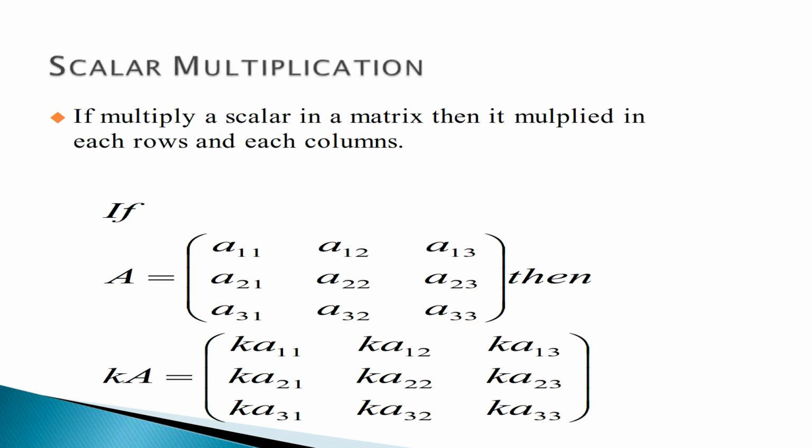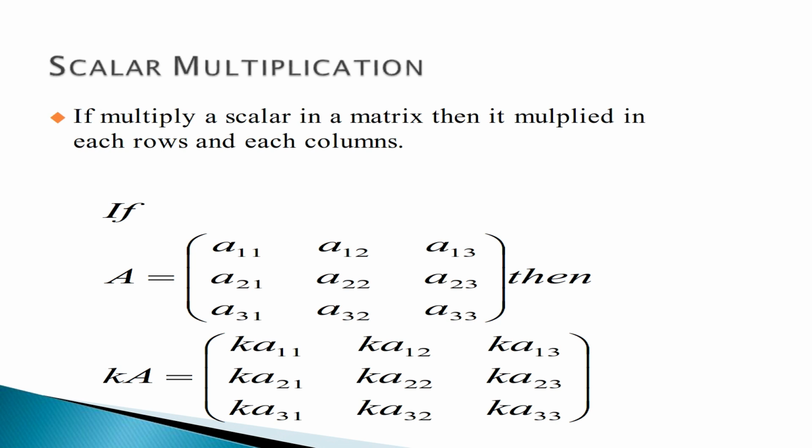Next is, what is scalar multiplication of matrices. If we multiply a scalar with a matrix, then this scalar is multiplied in each element of the matrix. That means this scalar is multiplied in each row and each column.